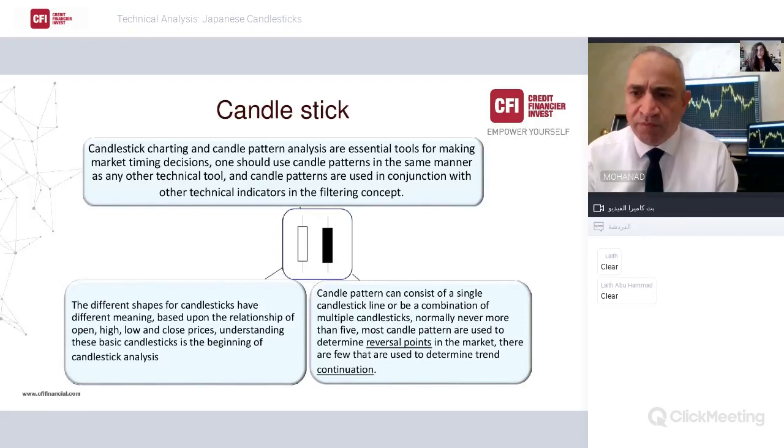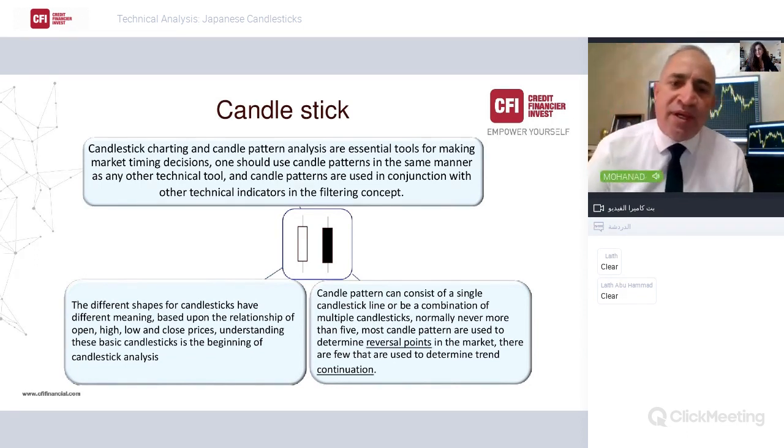So Mr. Muhannad, this is a very important point that I ended on: candlesticks indicate a reversal pattern for the market. Please go ahead and tell us more about the candlesticks.